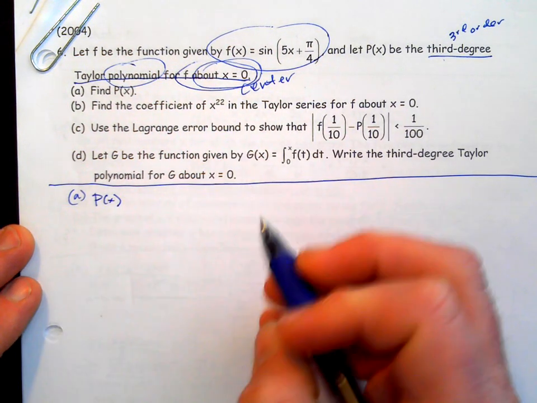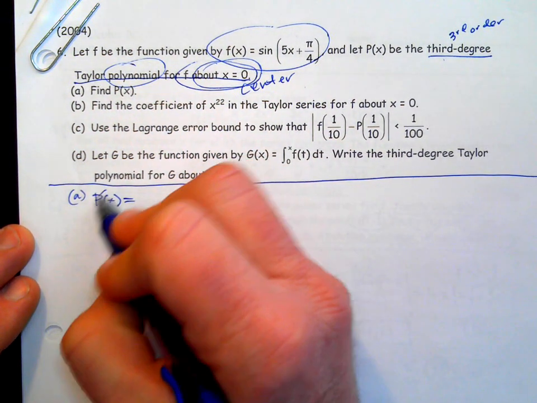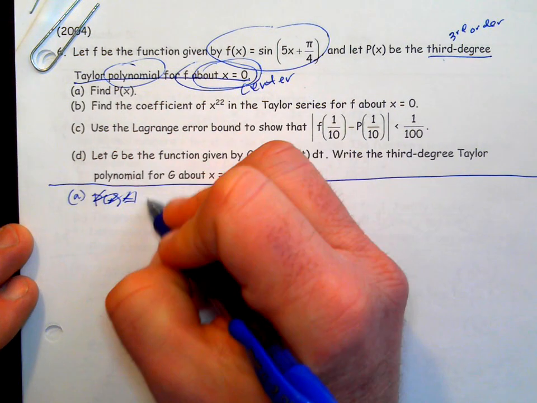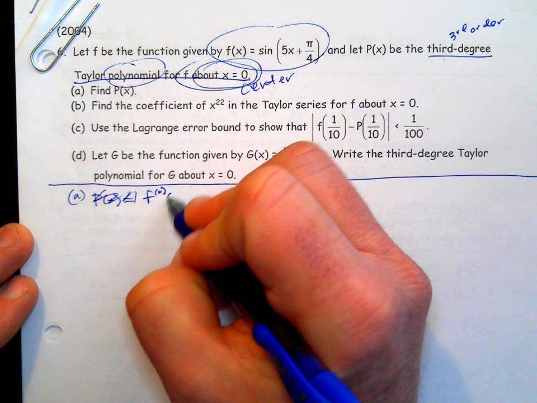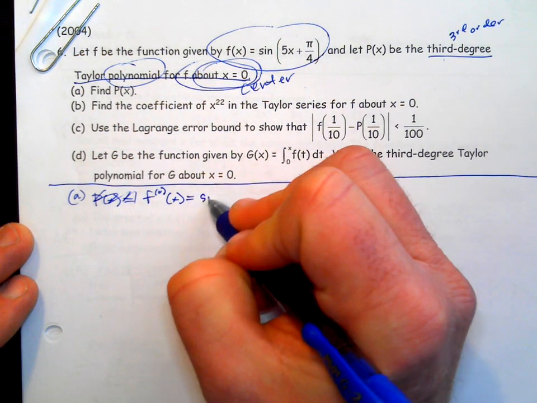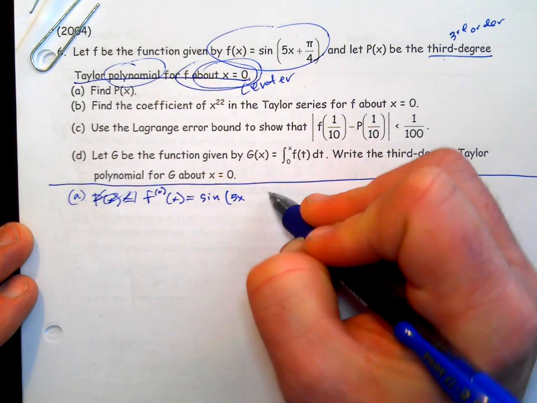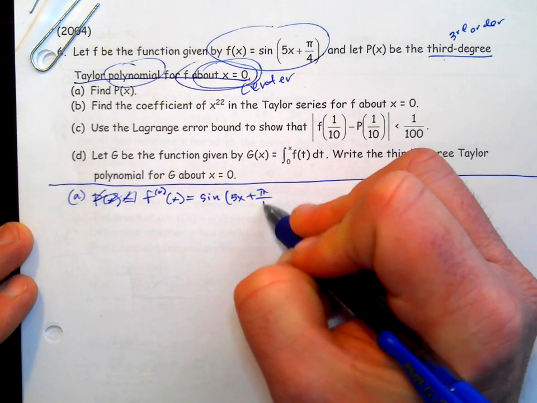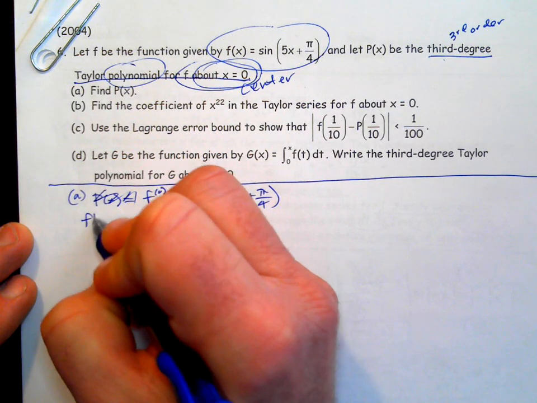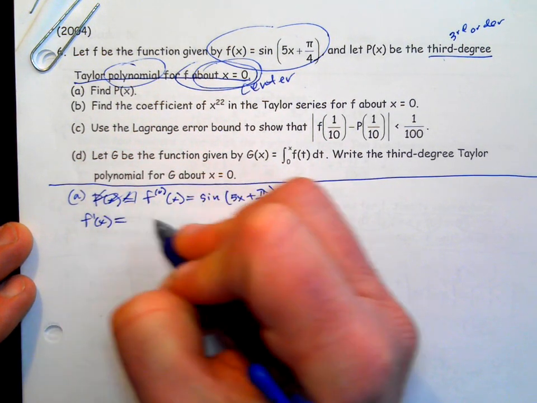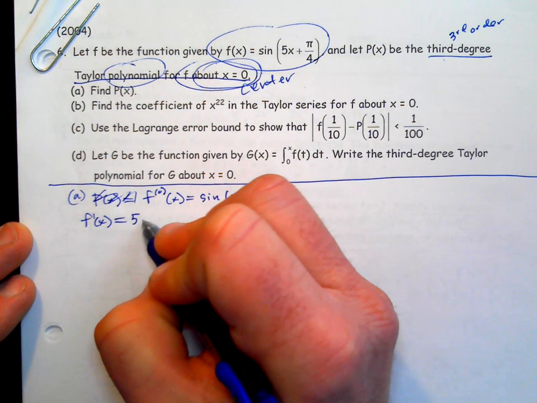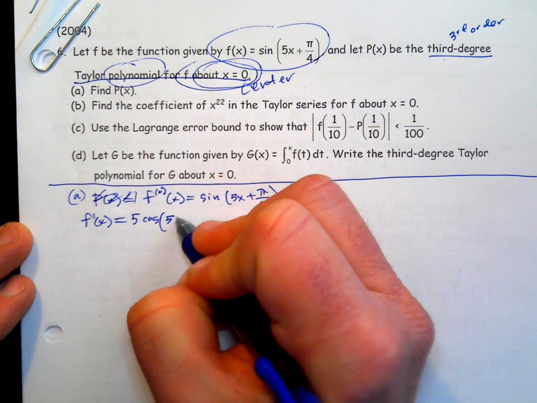So we need some information. We need derivatives. So we have the 0th derivative, and I'm just going to write it down, and then we're going to find the first derivative, and that's going to be 5 cosine of 5x plus pi over 4.